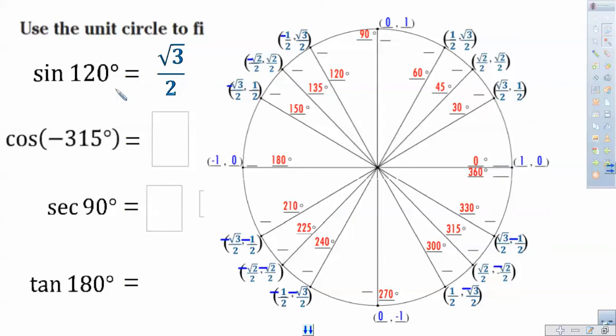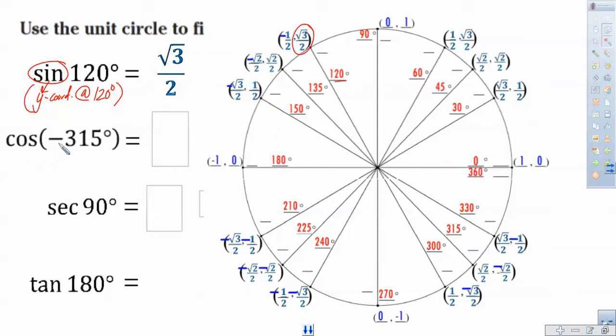When it says the sine of 120, what it's really asking in subtitles is what is the y coordinate at 120 degrees. Sine's always referring to the y value, so we rotate to 120 degrees, and we find the y value right there at 120.